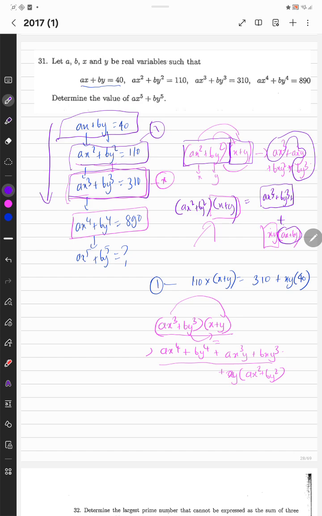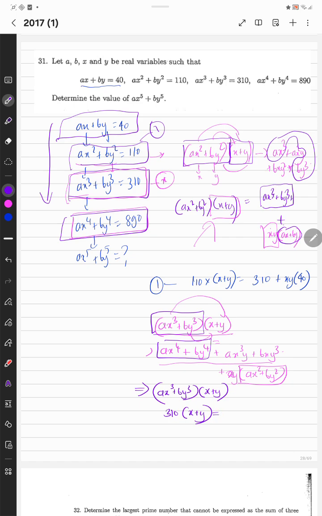So now we were able to create the components through another relation, such that this particular term, as it is here, and this particular term, as it is here, are actually involved. So this will come up as (ax cubed plus by cubed) times (x plus y), which we don't know, is equal to ax to the power 4 plus by to the power 4, which is 850, plus xy times (ax squared plus by squared), which is 110.